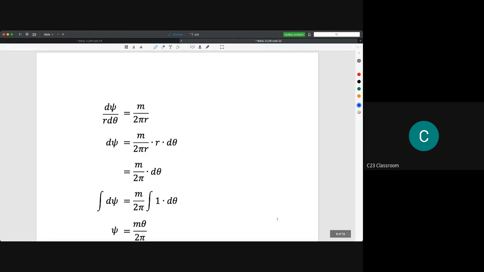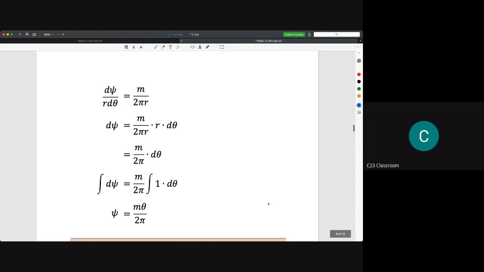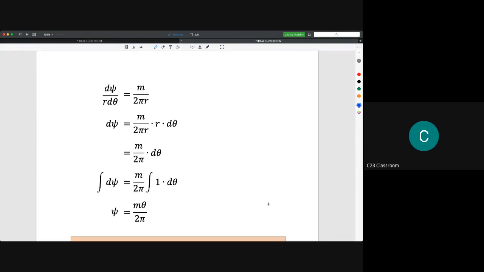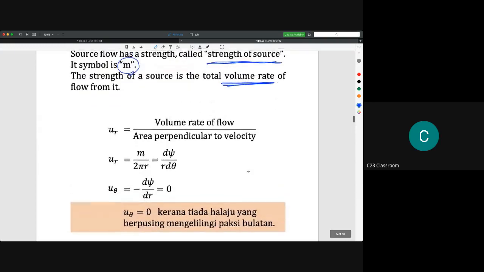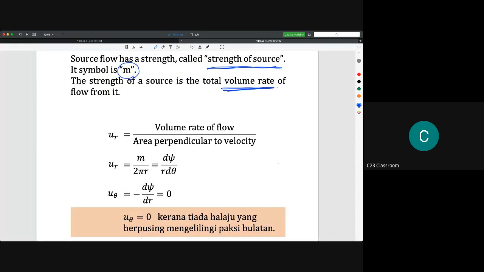So now what we need to do is calculate the value of psi for the source. So what we do is calculate the stream function, or psi, for the source.